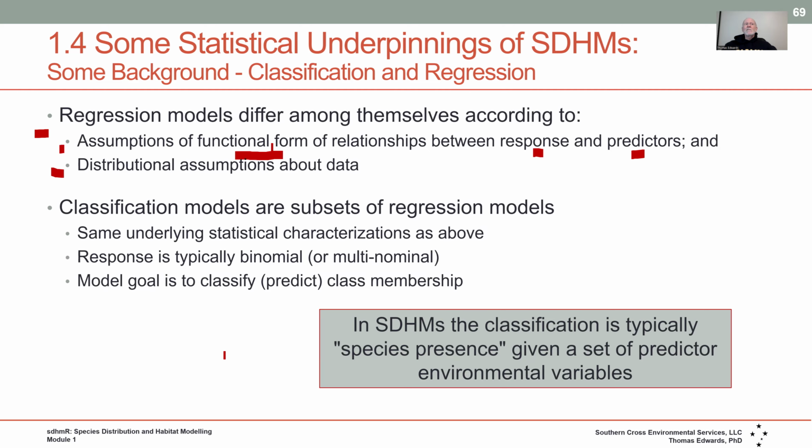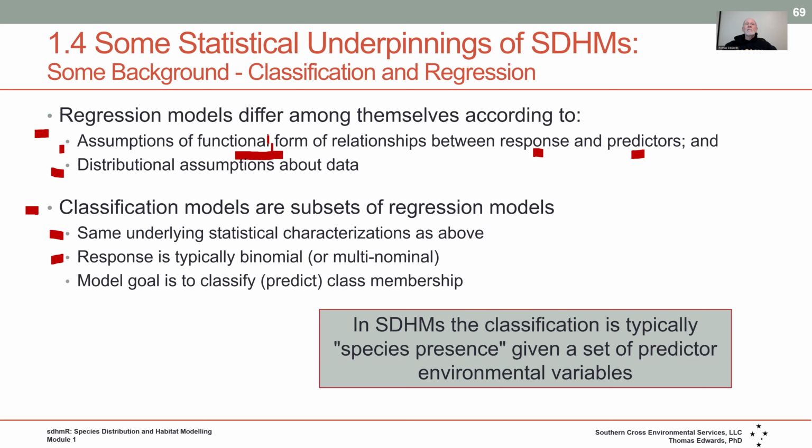Because this, in turn, defines the distributional assumptions about the data, the regression models will vary depending on what these assumptions are. Now, classification models are subsets of regression models. They have the same underlying statistical characterization as above.